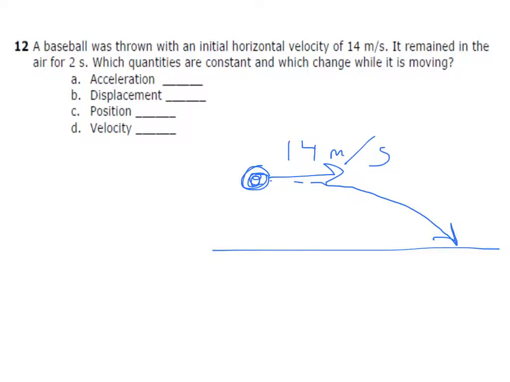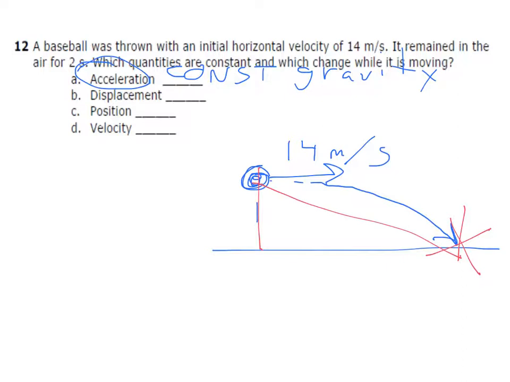The answer to this one is no. This is constant. Because acceleration is caused by what? It's caused by gravity. And it doesn't change no matter what. Displacement, well, that's the distance from the starting point here to the ending point over here. And obviously the displacement is changing, so that's changing. Its position likewise is changing.